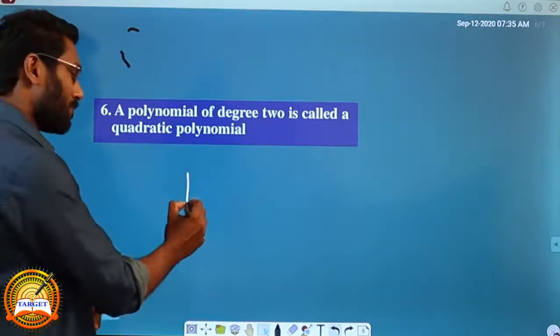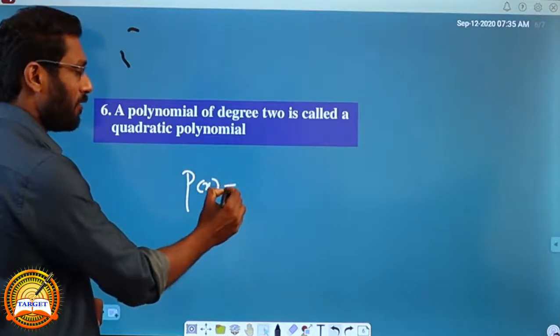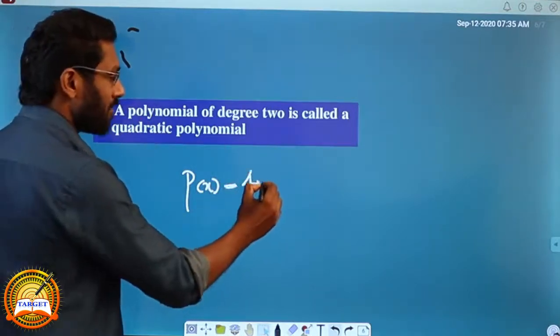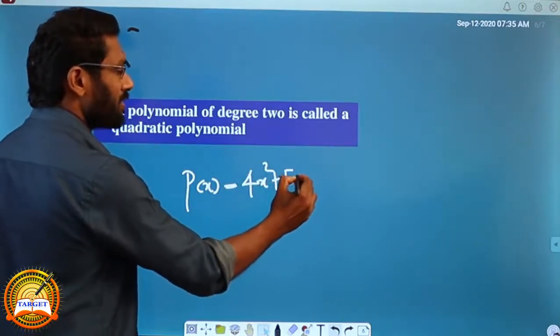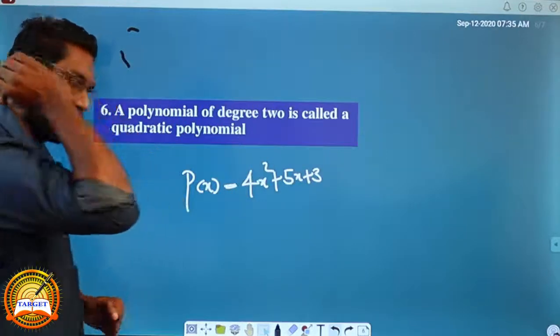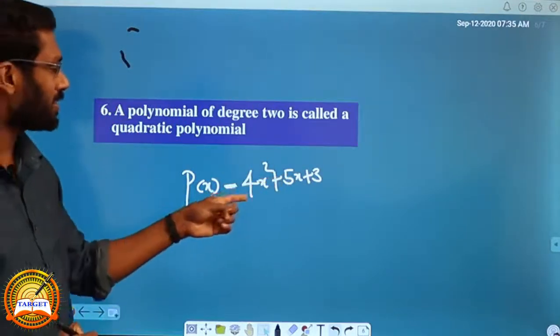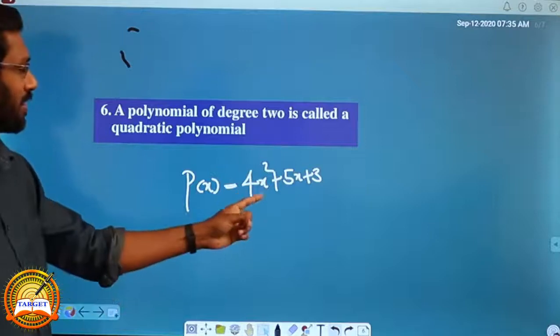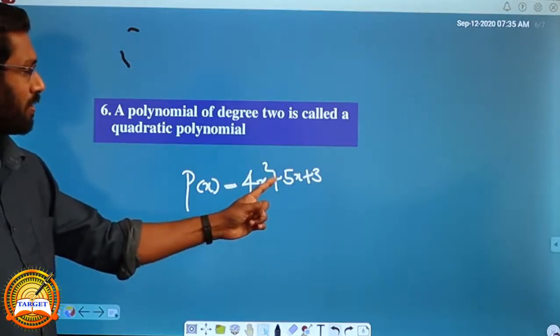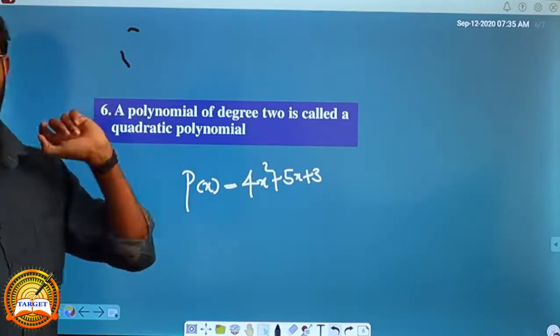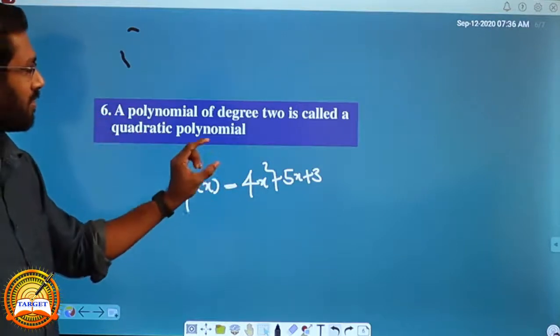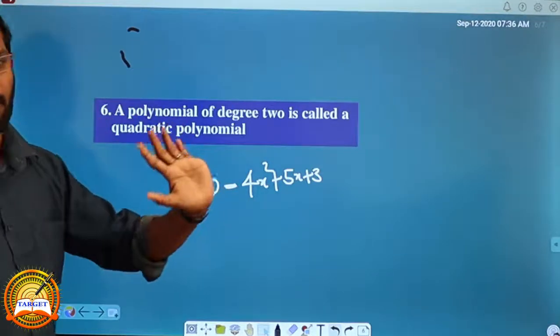For example, listen here. P of x equals 4x square plus 5x plus 3. Look at this polynomial. Which is the highest exponent of the variable here? Clearly, the highest exponent of the variable x is 2. Therefore, this is clearly a quadratic polynomial.